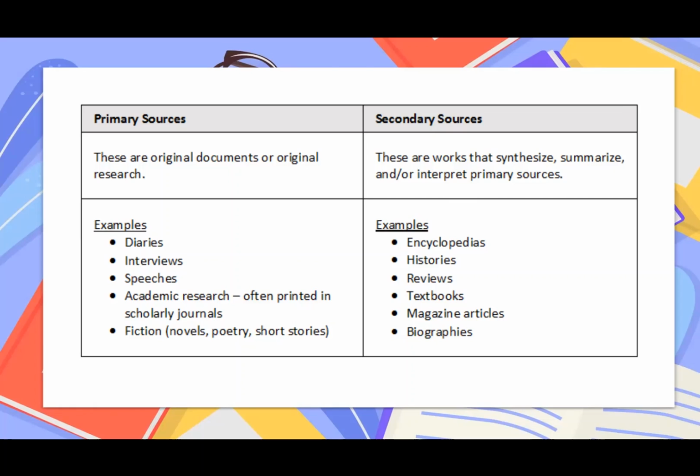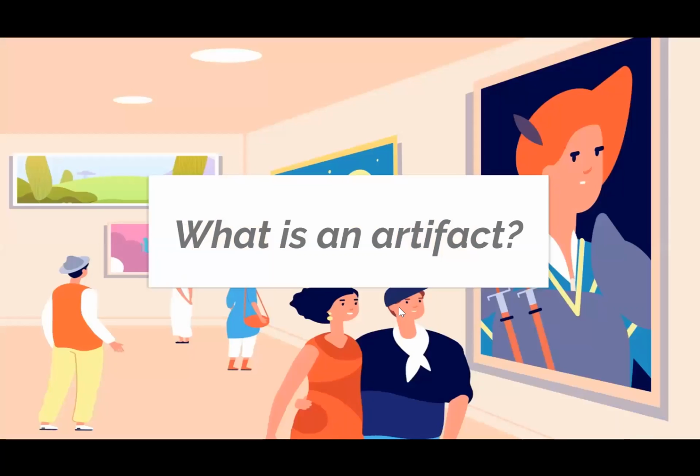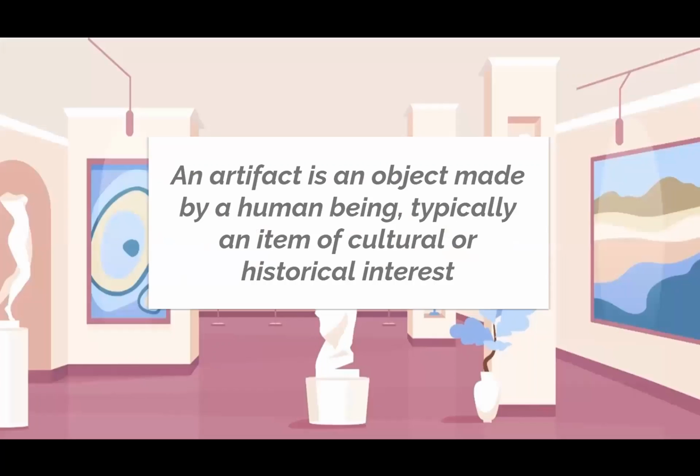All right, those are some examples. So what is an artifact? An artifact is a primary source. An artifact is an object made by a human being, typically an item of cultural or historical interest.